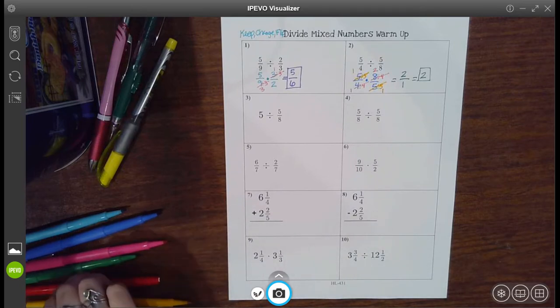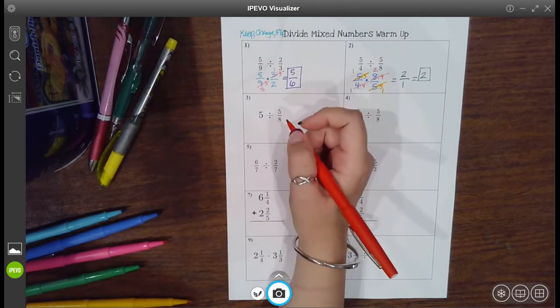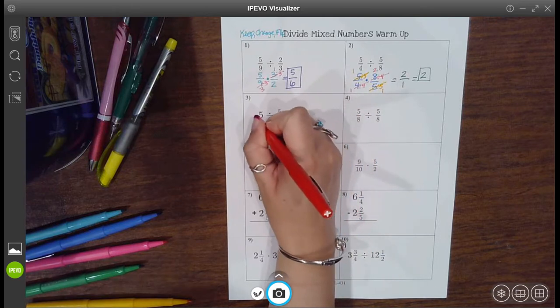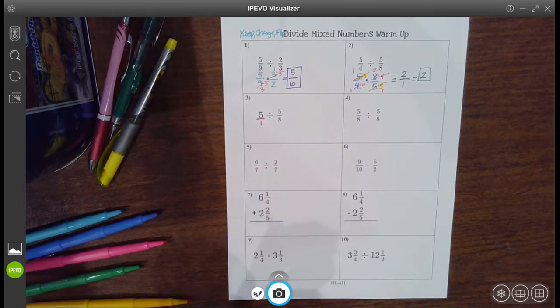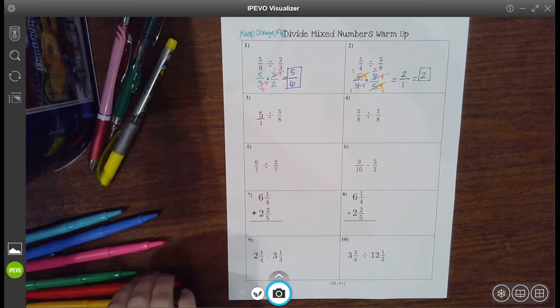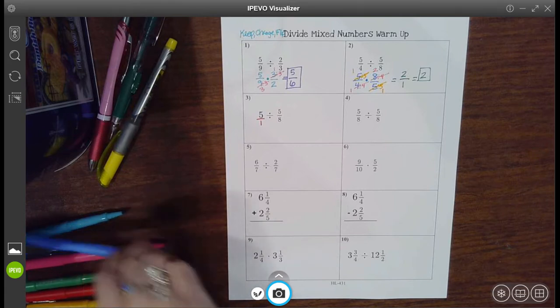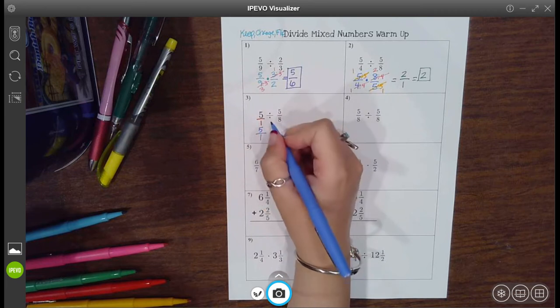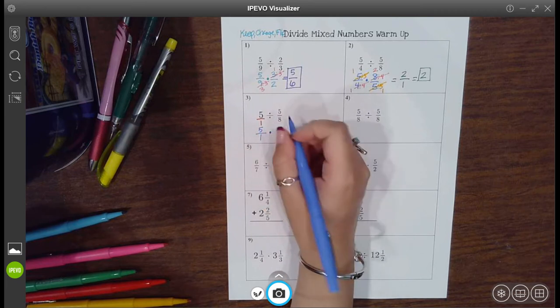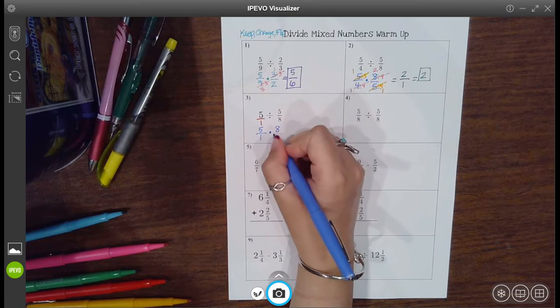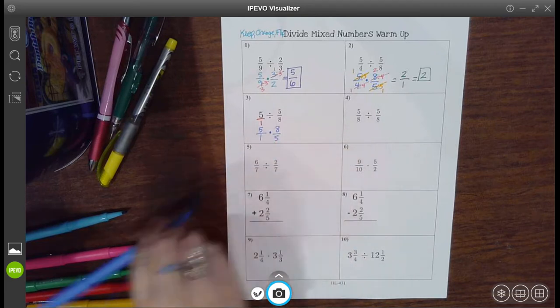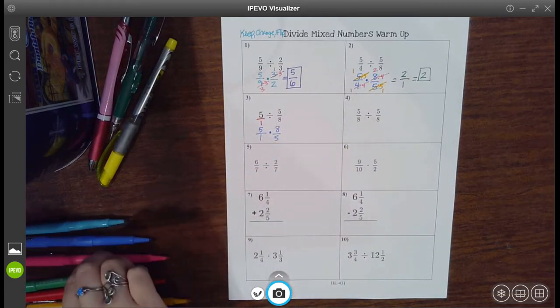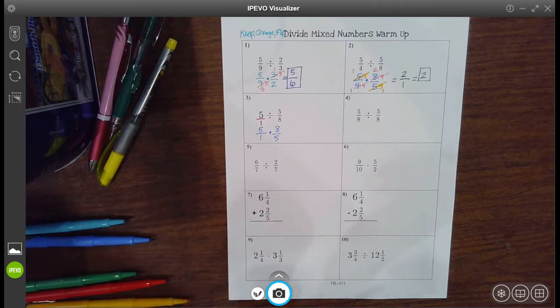Okay, this one is almost the same, except I need it to be a fraction, so I'm going to put 5 over 1. Now I have a fraction times a fraction. Now that I have that, I'm going to keep the first fraction the same. Change division to multiplication. Flip that second fraction to now be 8 over 5. Okay, do you see anything that can cross cancel?